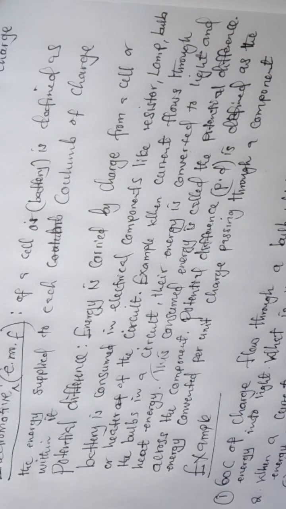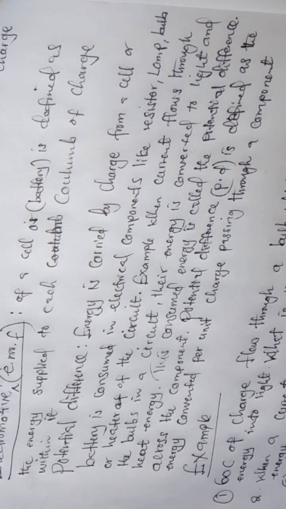So the potential difference, or the voltage, is the energy being carried by the electrons from a cell or battery to another electrical appliance, anything that uses power like bulbs, resistors, lamps, pressure cookers, stoves. Those are examples.